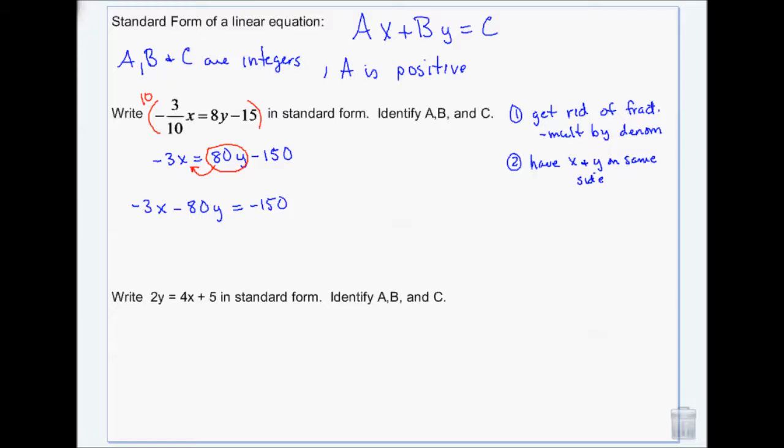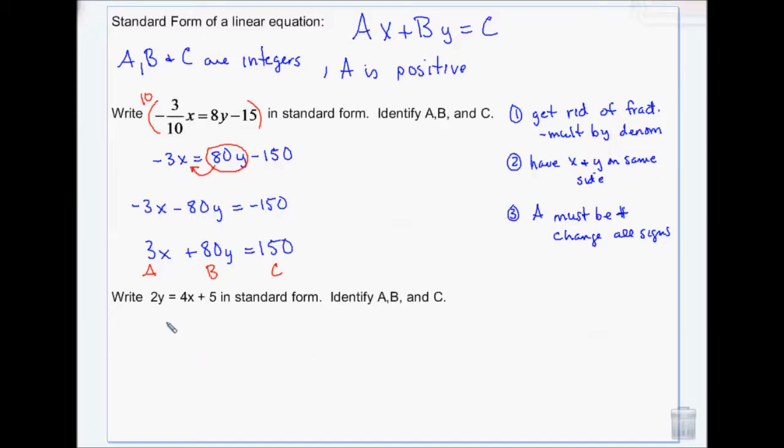And finally, A must be positive. It's negative right now, so I'm going to change all signs. So this will become 3x plus 80y equals 150. Okay, 3 is A, 80 is B, and 150 is C.